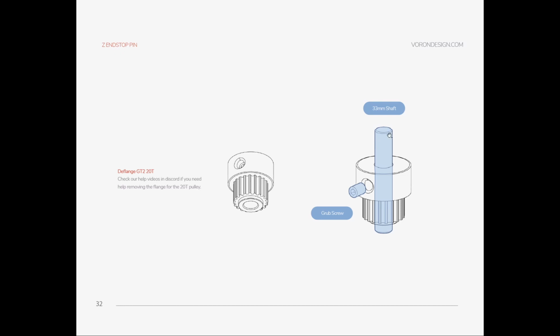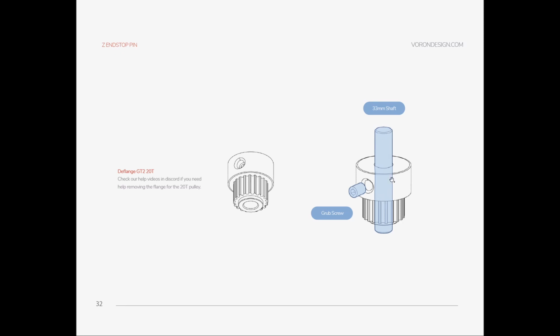There should be only 1-2 millimeters difference between your Z pin and your bed. So it can be 1 millimeter up or 1 millimeter down. It's okay. But for now, you don't have to be precise about it. Just place it for now.